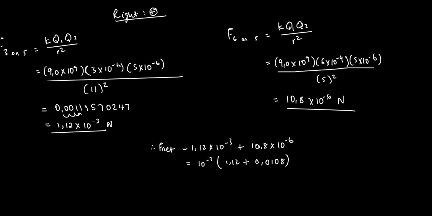I get 1 2 3. And then from there the final answer will be 1.13 multiplied by 10 to the power negative 3 newtons. Please check that for me. Is it correct? Great. So that will be the net force, and since it's positive, the net force is to the right.